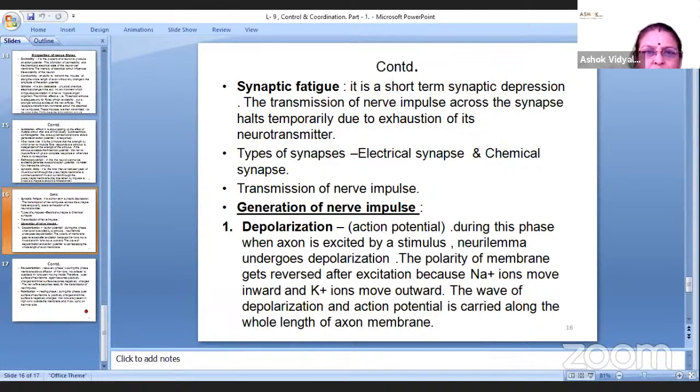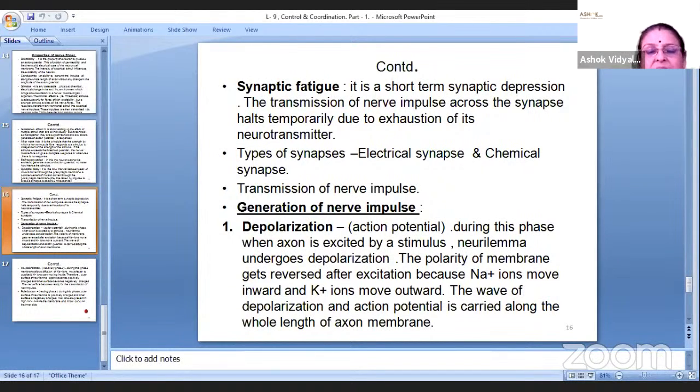Next is types of synapse. Now, the types of synapse are the electrical synapse and the chemical synapse. Understand this now properly, students. The functional gap, that is the region of communication between two neurons, is called the synapse, that I told you in the beginning.